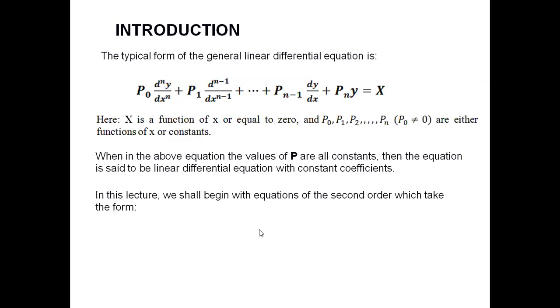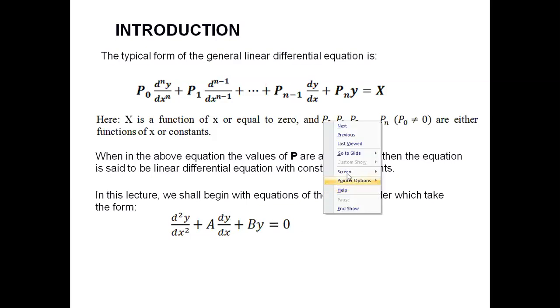In this lesson, we shall begin with equations of the second order, which take the form d2y over dx2 plus a dy over dx plus by is equal to 0. So in this lecture, our discussion will involve mainly, let me just select a pointer.